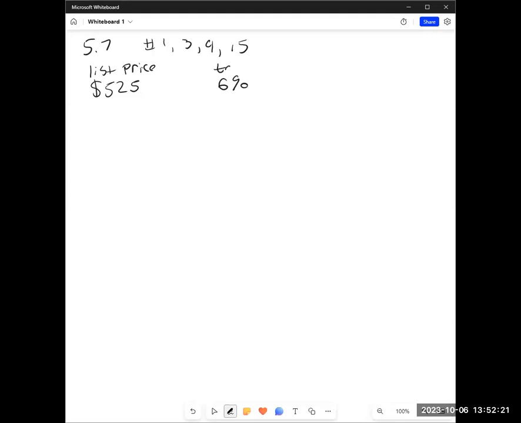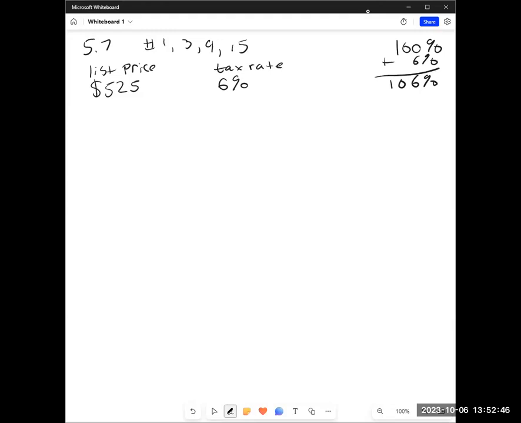This is our tax rate. So we need to pay 100% of the list price, or the price on the tag, plus an extra 6%. So 100% plus an extra 6% means we need to pay 106% of the list price.